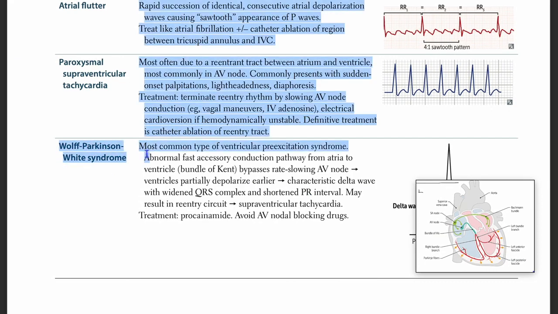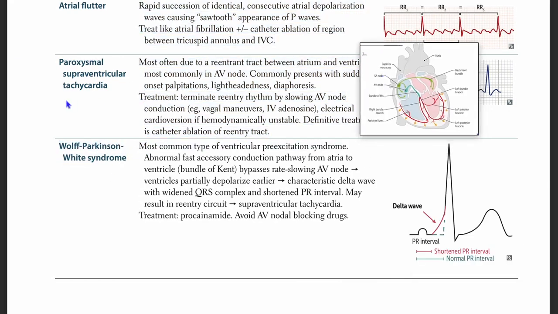And this is the most important one, because they'll give you an ECG, and on lead 2 you'll see this happen, and if you see this, it's Wolff-Parkinson-White syndrome, or WPW syndrome. Most common type of ventricular pre-excitation syndrome, an abnormal fast accessory conduction pathway from atria to ventricle, bundle of Kent, that bypasses the rate-slowing AV node.